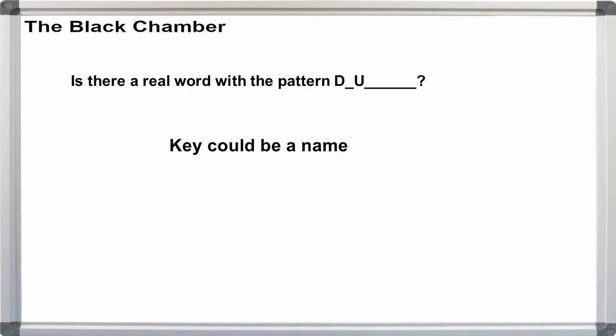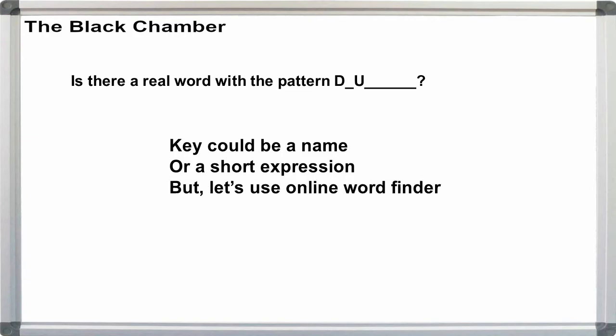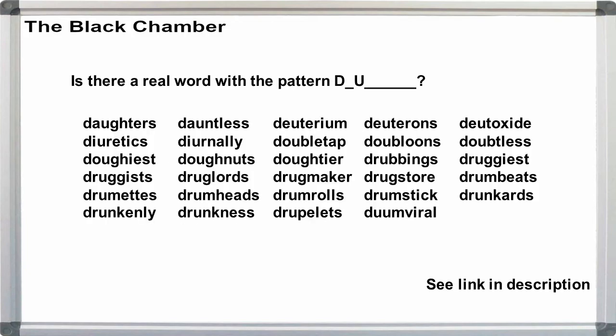Granted, our key could be someone's name, or a short multi-word expression. But let's use an online word finder. I have the link for one pinned in the description below. The answer is yes. There are 29 matches. Let's keep going.